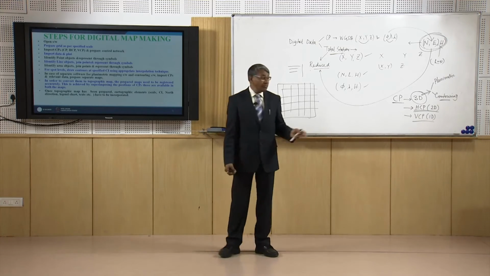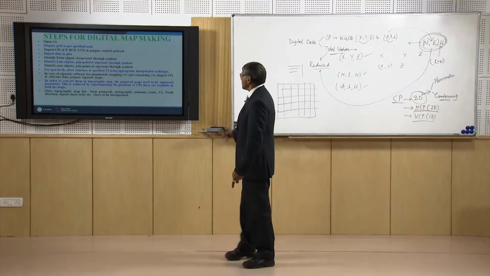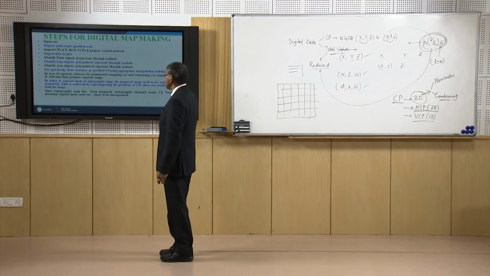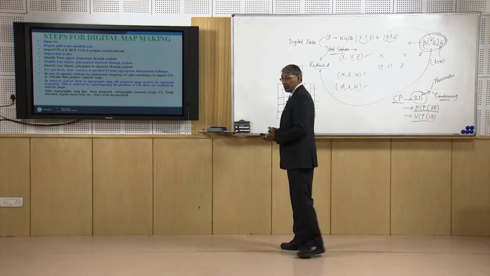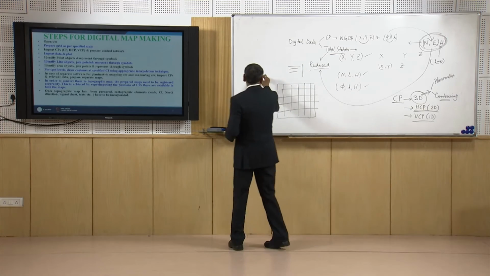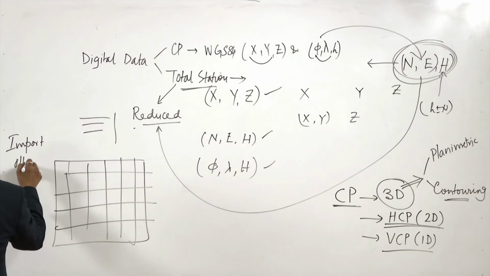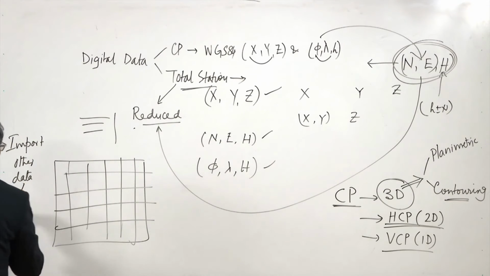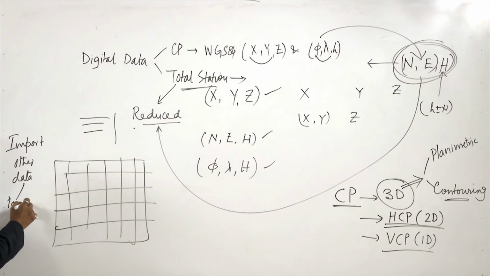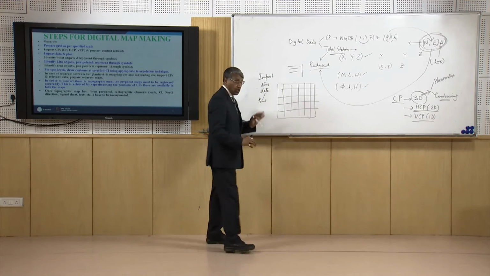Once we have the control points established on the specified scale grid, then we should import the other data. The data will consist of point data, line data and area data, but all these data will be in the form of points only.